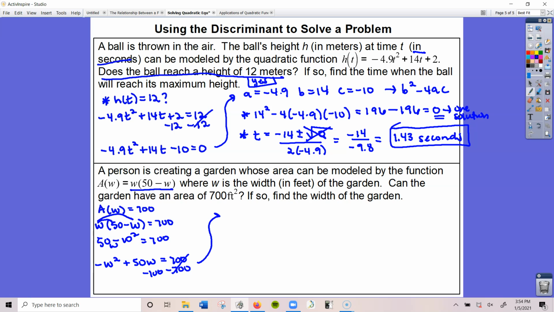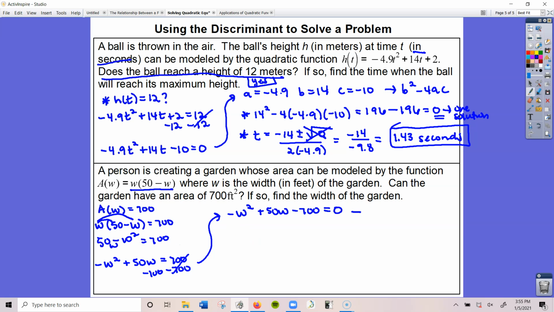This would give me the final quadratic equation of negative w squared plus 50w minus 700 is equal to 0. Now the whole point of using the discriminant is just to figure out if there is even a solution. Because if there is not a solution, then there's no point of working out the whole quadratic formula, which is why we're doing this. So can the garden have an area of 700 feet squared? We're going to use the discriminant now to find out.